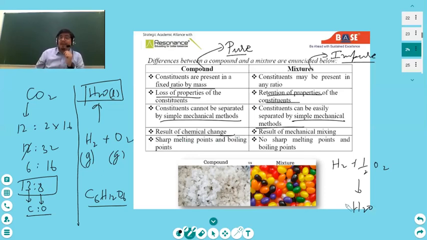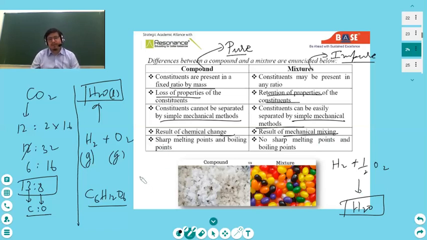It's a very complicated reaction, the production of water. So this only takes place when some chemical reaction happens. Chemical reaction means old bonds will break and new bonds will form. Bonds in the reactants will break and bonds in the product are formed. Whereas a mixture is just a mechanical mixture. Neither bonds will break nor bonds will form.